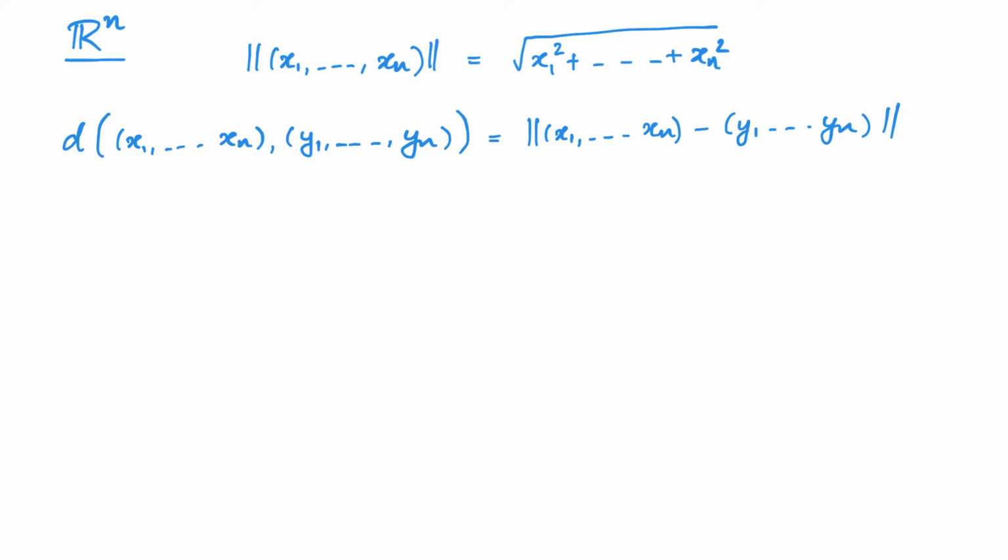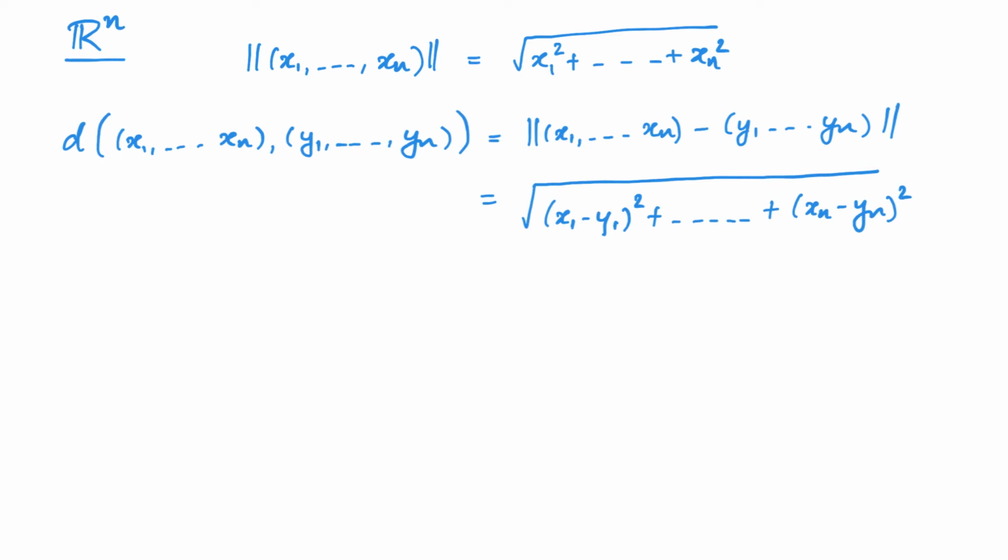This, as before, can be evaluated to square root of x1 minus y1 the whole square plus x2 minus y2 the whole square plus etc. up to xn minus yn the whole square. And this is the Euclidean distance on Rn.